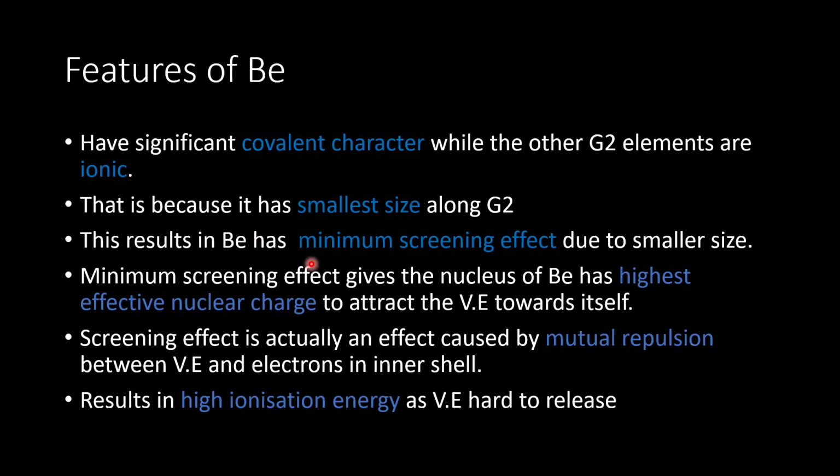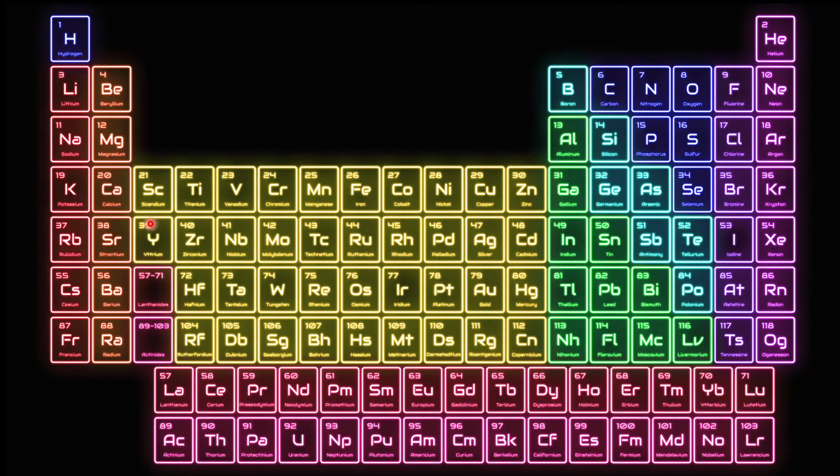So this results in beryllium having a minimum screening effect due to its smaller size. The minimum screening effect gives the nucleus of beryllium the highest effective nuclear charge to attract the valence electrons towards itself. As we all know, going down the group, the screening effect is actually increasing, because what is screening effect?